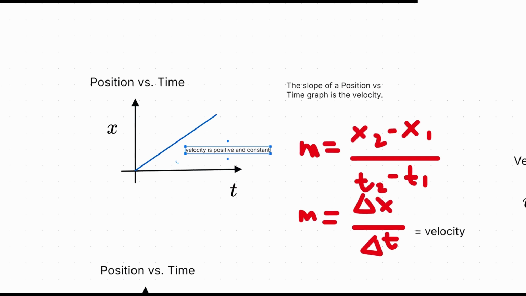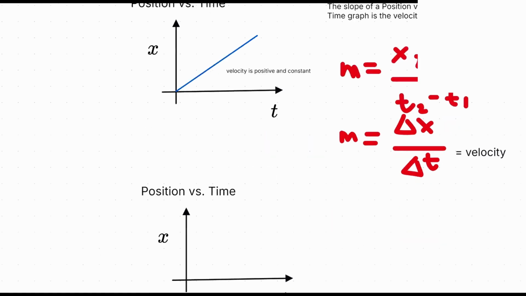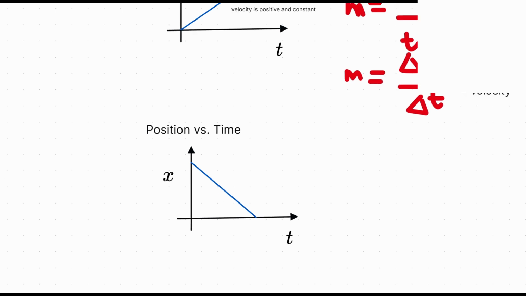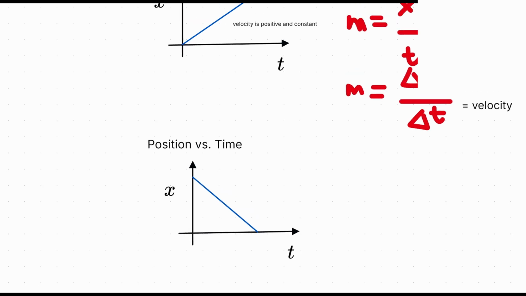What about if it's like this? As you can see here, the slope is negative, but since this is a diagonal line, it still has a constant slope.